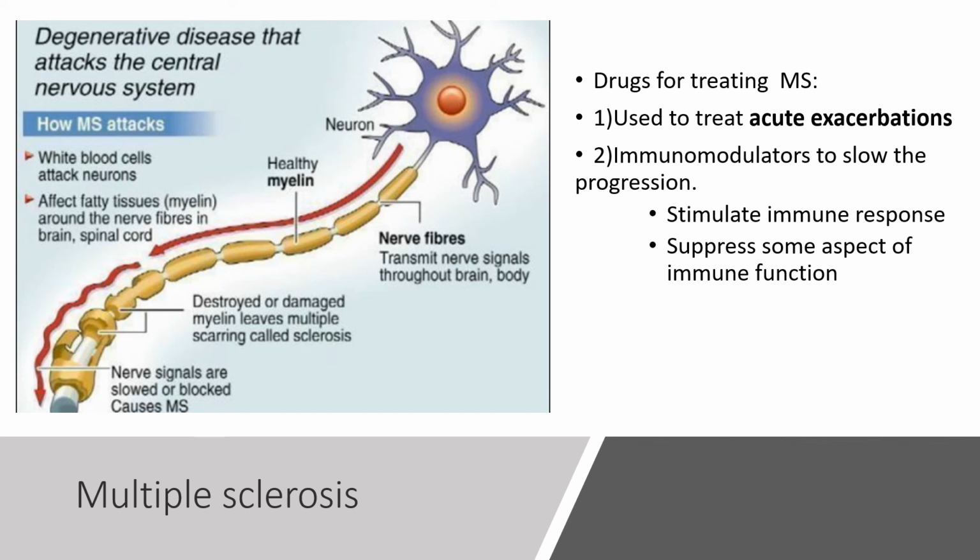What this does is it suppresses the immune system. Remember, we think this is an autoimmune disease. So by suppressing the immune system, we can treat acute exacerbations of MS with intravenous steroids.